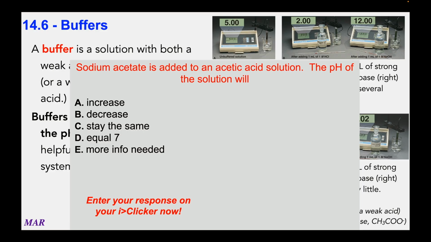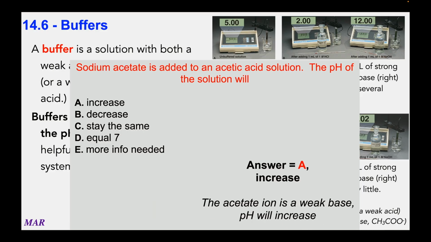Now, if acetic acid is an acid, that means that sodium acetate is going to be a base. It's the conjugate base. We are adding a base, and bases will make your pH increase. So think about how the pH is affected by what you're adding. You're adding a base, pH is going to go up. Adding an acid, pH is going to go down.